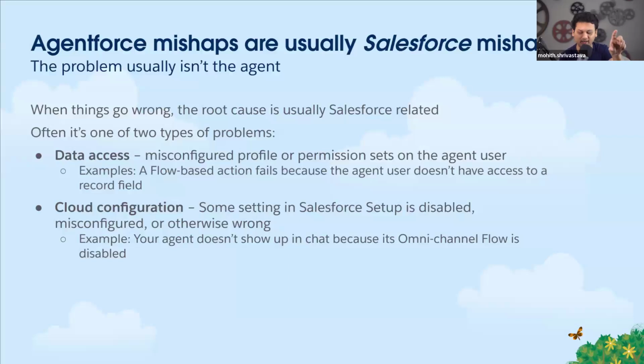When you create these agents, let's say a service agent, one of the things we ask you is to pick a user, because your agent is going to run as that user.